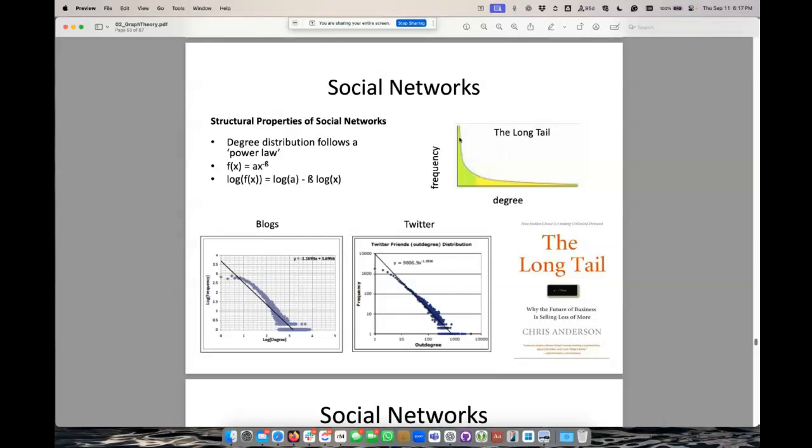That exponential drop is exactly what you see in the long tail phenomenon, right? And this is common throughout all social networks. You take the example of Twitter, Instagram, TikTok, Facebook, YouTube.